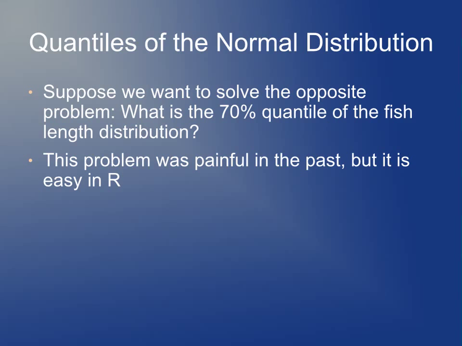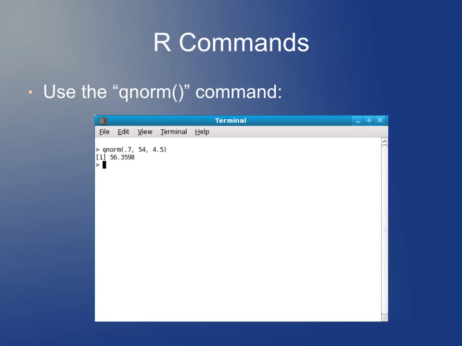Let's say we want to calculate the quantiles of the normal distribution, that we want to do this in reverse. Let's say we want to find the 70% quantile of the fish distribution, the value such that 70% of the fish will be less than this. Before we had computers, this was really painful to calculate, but now it's easy in R. The command to do this is called qnorm.